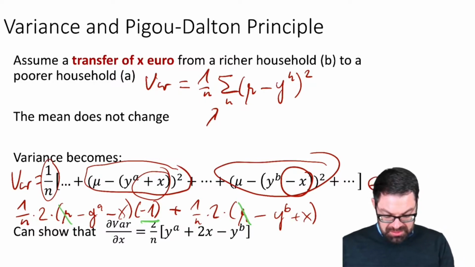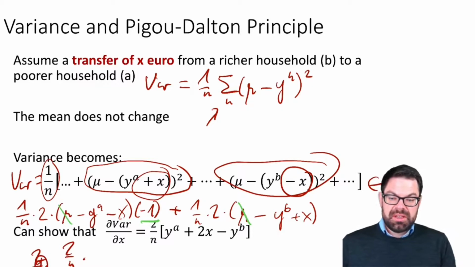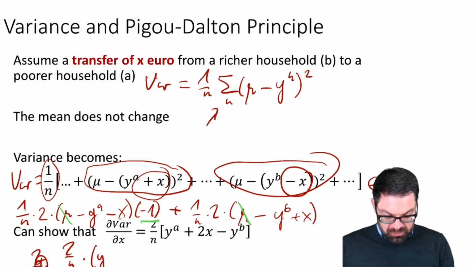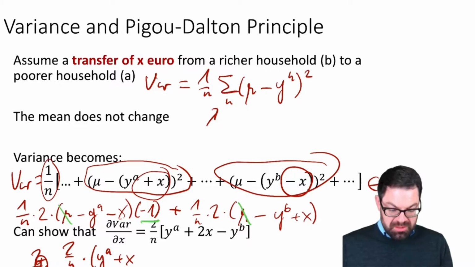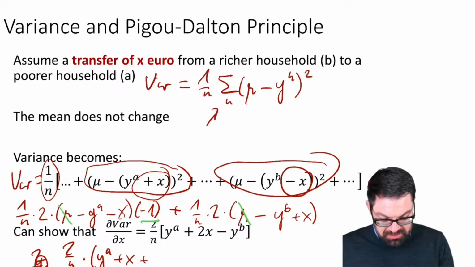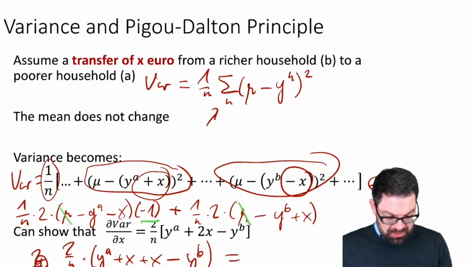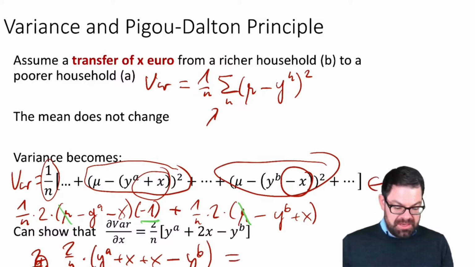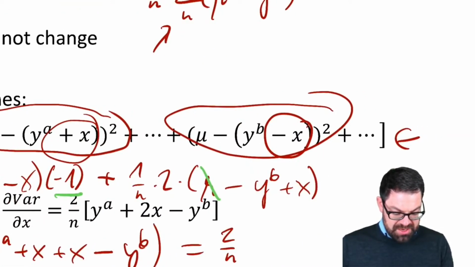is 2 over n, apologies, 2 over n times ya plus x, and then in the term on the right we have plus x minus yb, which we can further simplify to 2 over n times ya plus 2x minus yb.